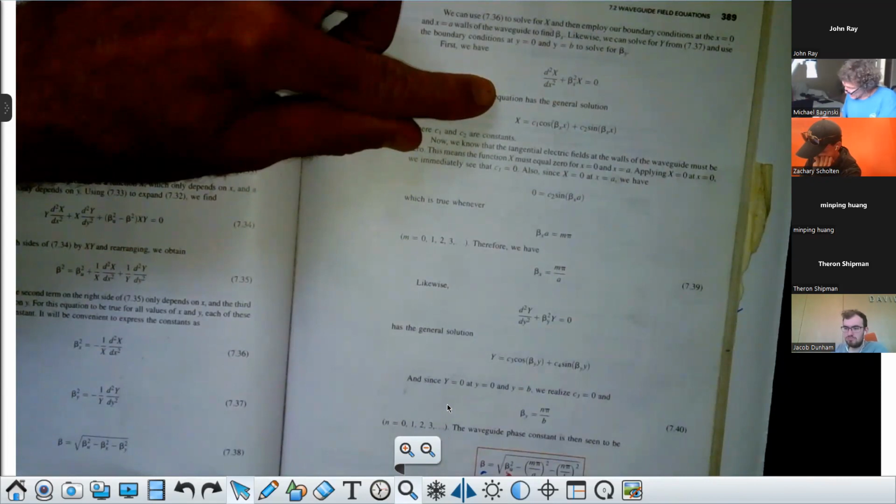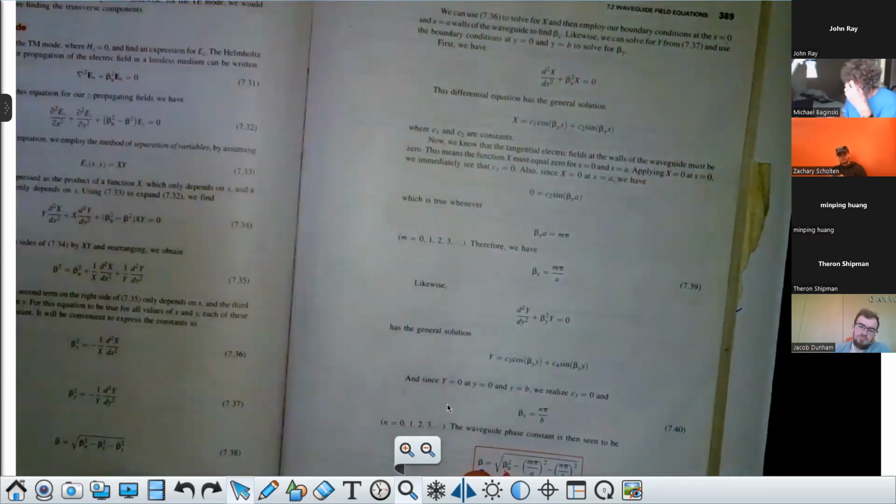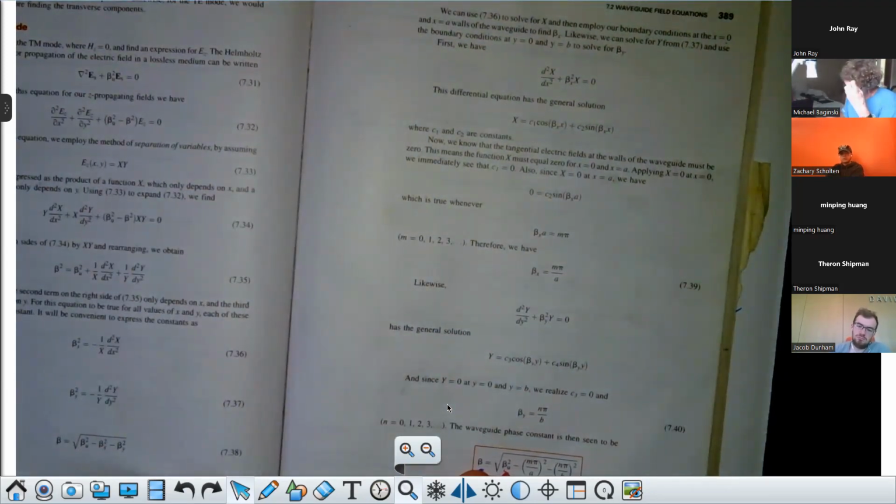It could be a sine or a cosine. It's going to end up being a sine because this is again something proportional to EZ, and it's 0 at the boundaries. You're going to get beta y equals n pi over b. And then finally, we get beta, I usually call it beta z, but this is beta in the direction of propagation, and it will be equal to this.